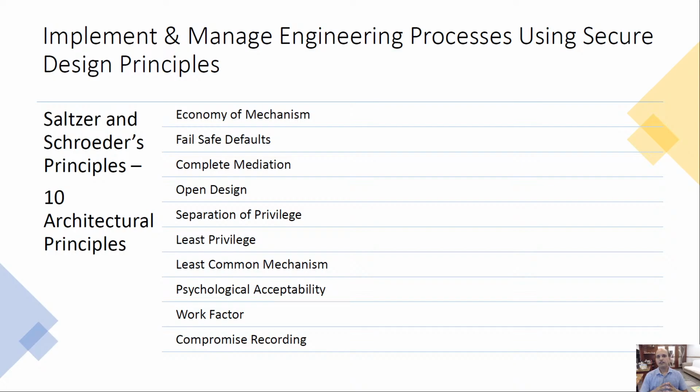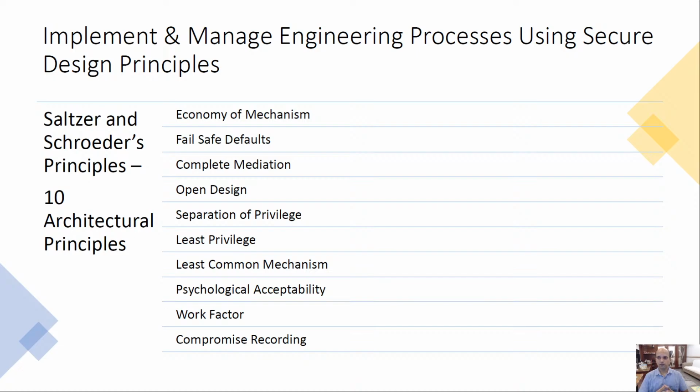Moving further, if we go in depth in the Saltzer and Schroeder paper, we find that there are a total of 10 principles. These 10 principles are economy of mechanism, fail-safe default, complete mediation, open design, separation of privilege, least privilege, least common mechanism, psychological acceptability, work factor, and compromise recording.